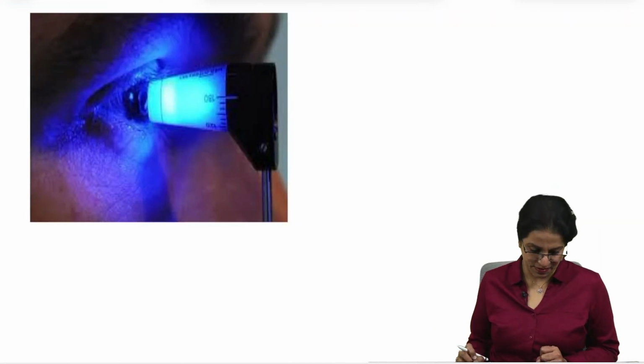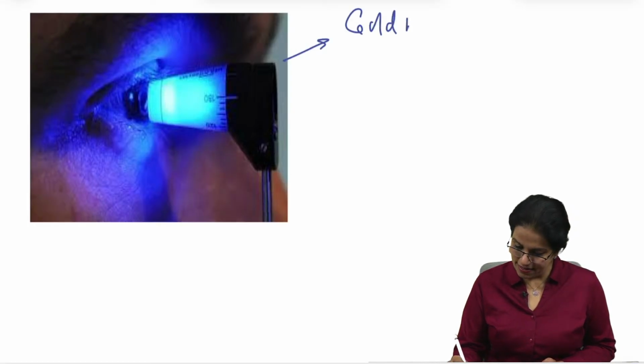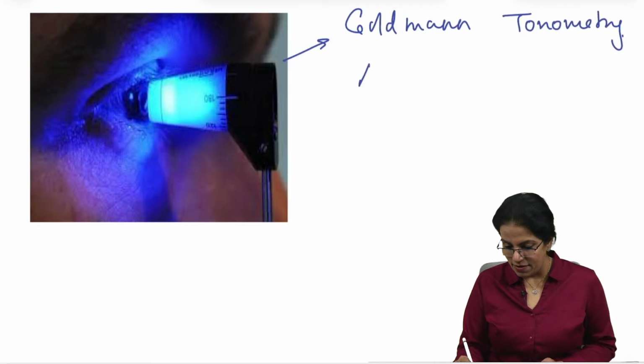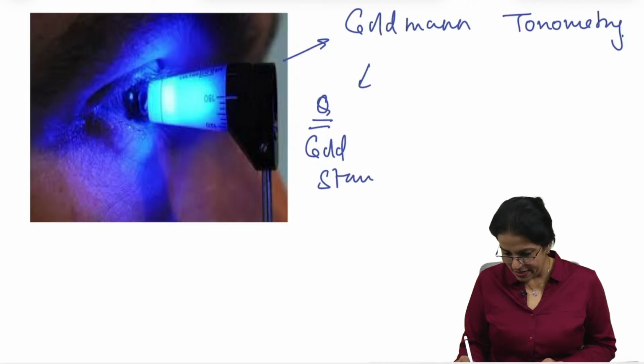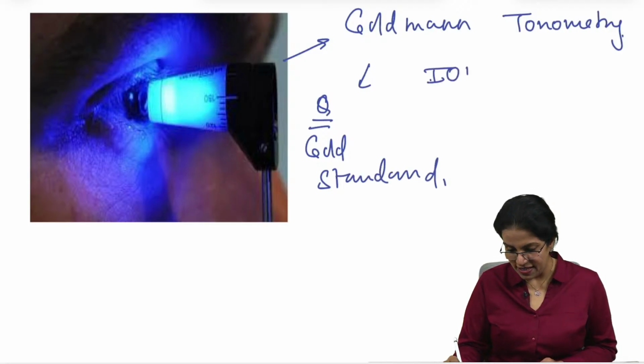What is this? This is your Goldmann tonometry. First, important: this is the gold standard. But we all know that even here the reading will depend on the central corneal thickness.